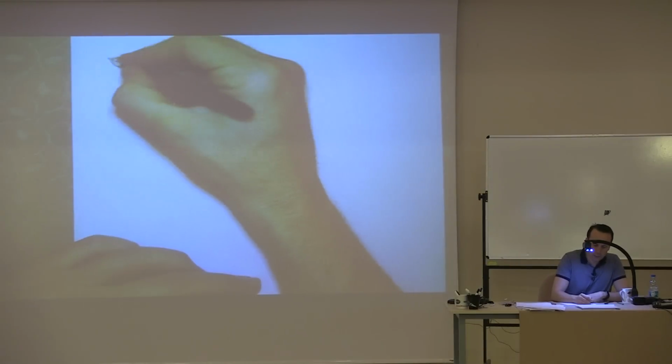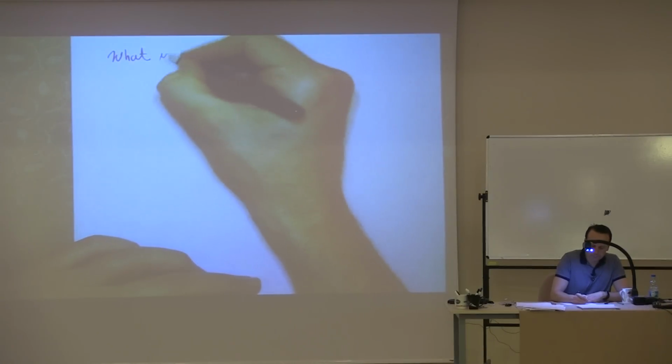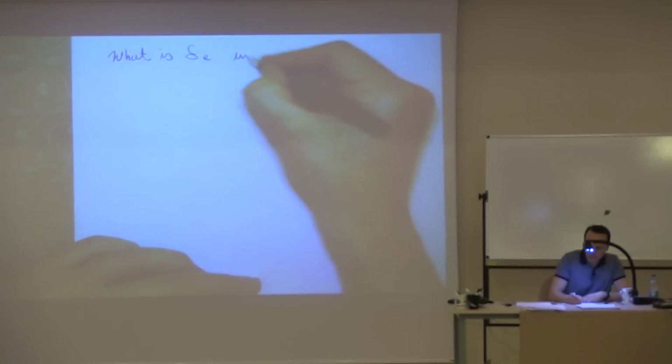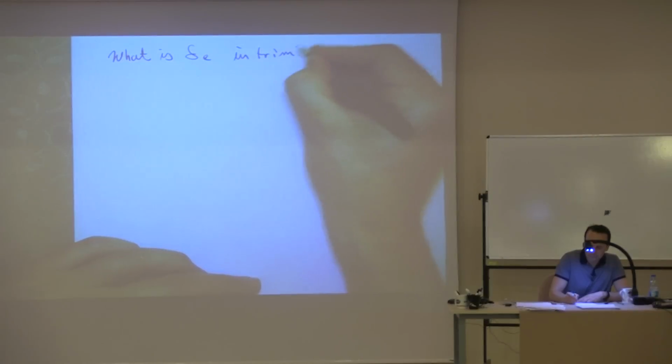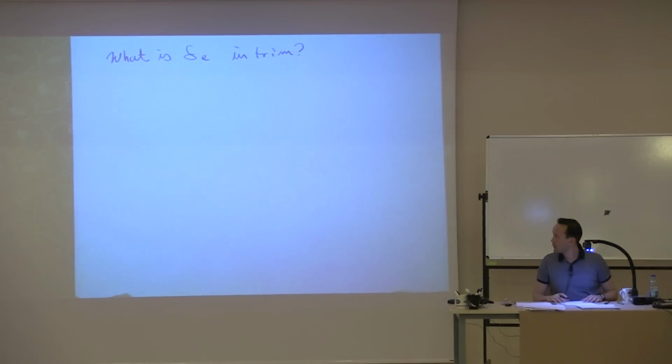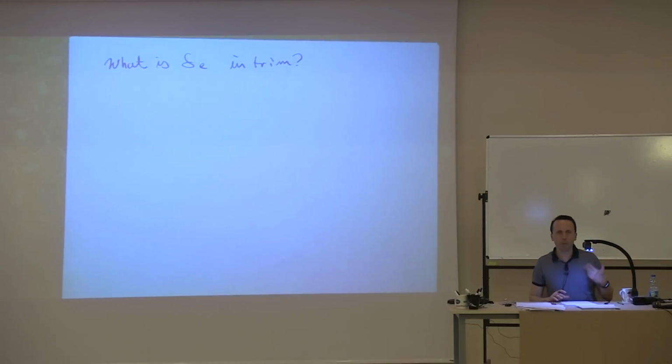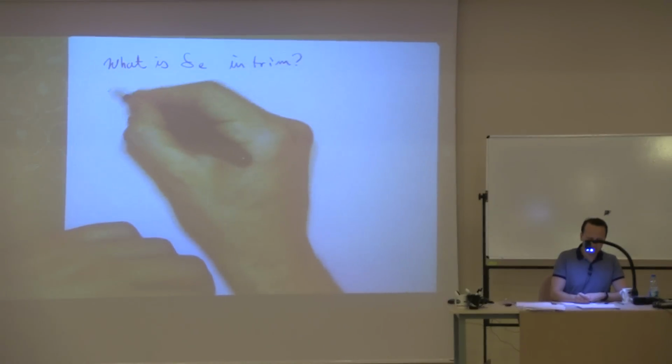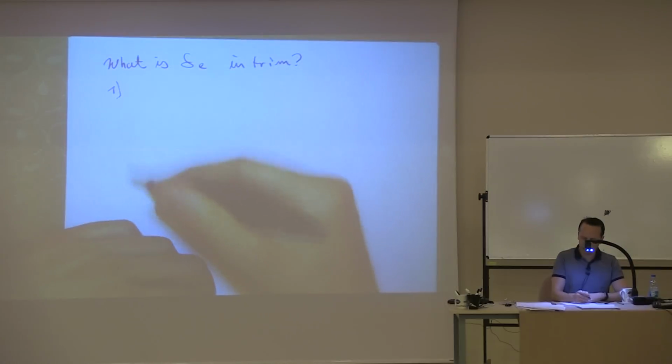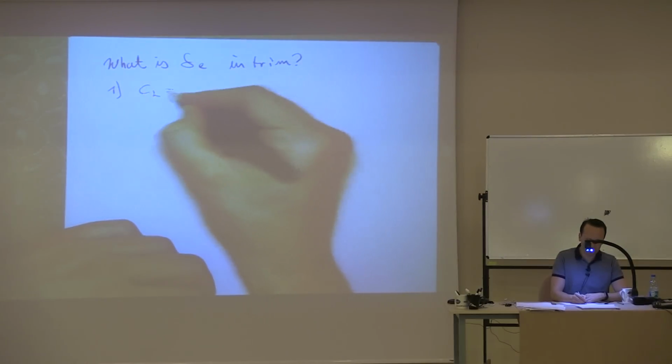Here's a good question to ask. What is del E in trim? Right? Because in trim, the moment must be equal to 0, so Cm must be equal to 0. There are two conditions for this. I mean, for the numbers that we looked at, there are two things. First of all, Cl must be equal to Cl trim.